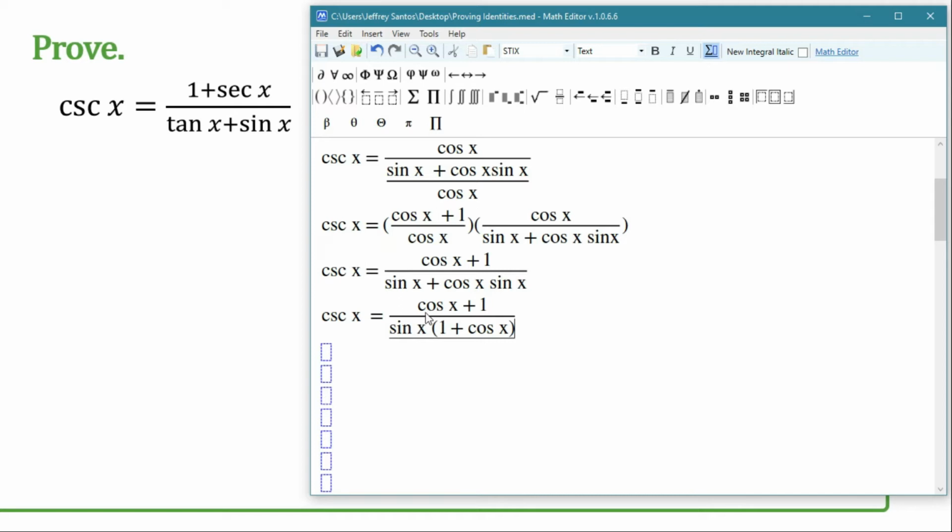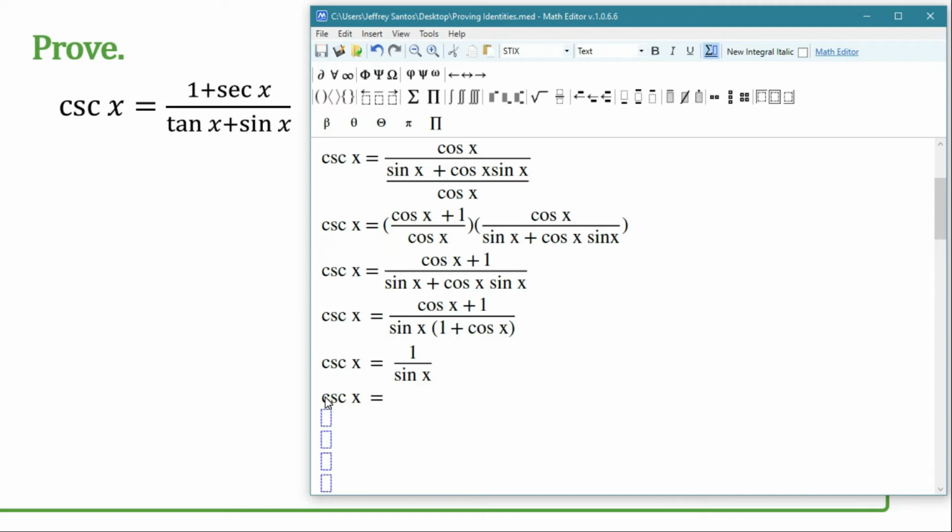And, if we notice, this is actually a common factor. So, we can reduce it to lowest terms, and that would be equivalent to what? Since we can cancel both the cosine of x plus 1 and the 1 plus cosine of x, that's going to be 1 over sine x. And we all know that 1 over sine of an angle is actually what?